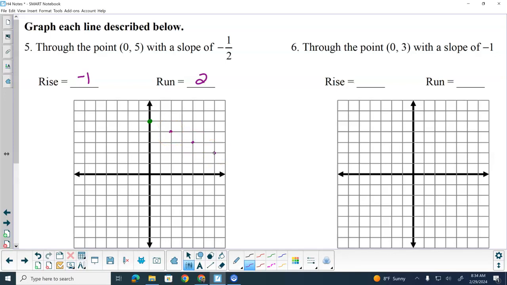Okay? If I didn't do it in that order, what would be the other order that I could have done it in? Up 1 and left 2, because that would give me then a rise of +1 and a run of -2.